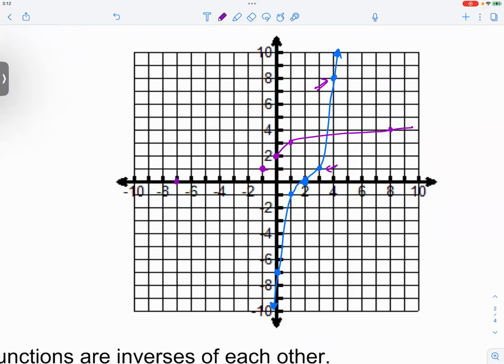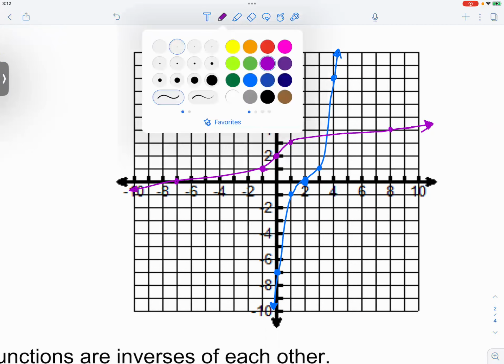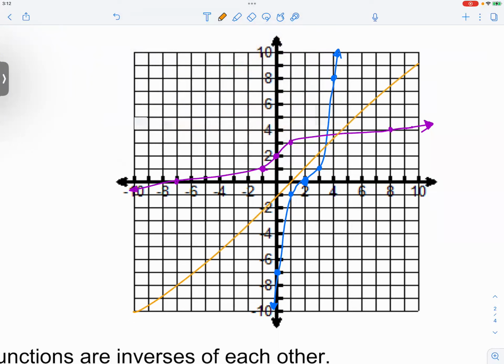So the way you verify, and I've said this in class before, you've got to know what inverse is and what inverse is not. If you draw the inverse on the same pair of axes, you will recognize that it should be a reflected image over y equals x.